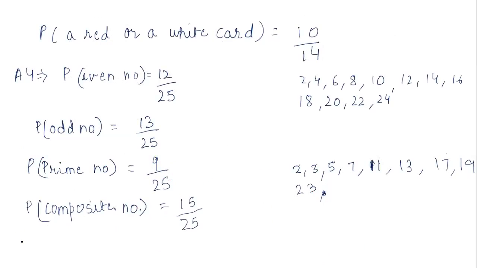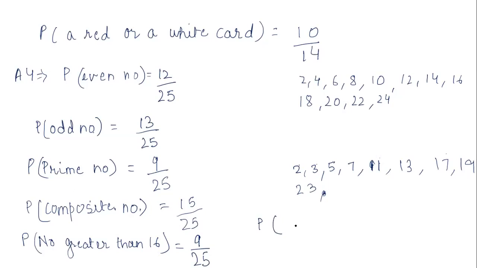Probability of number greater than 16. लेकिन नंबर ग्रेटर देन 16 कौन कौन से होंगे? 17, 18, 19, 20, 21, 22, 23, 24, 25. So there are 9 numbers if you calculate on your fingers. 9 upon 25.